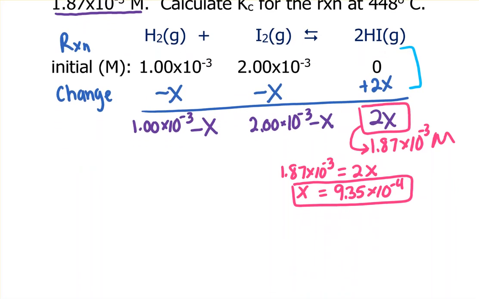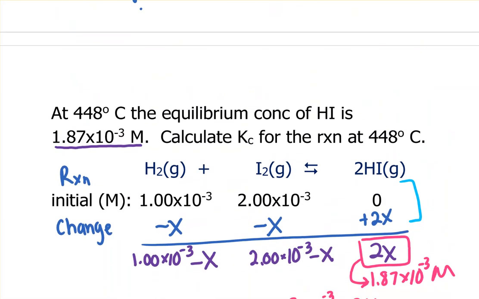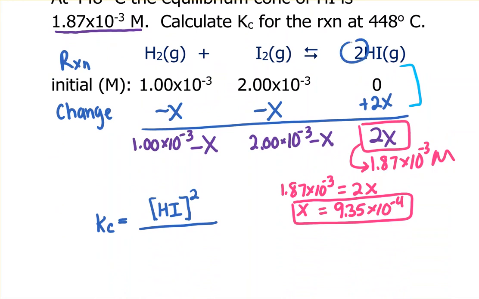So I'm going to not plug those in right away. Let's see what else we might want to do. So our whole goal was to find Kc. And let's go ahead and write that expression. Product, hydroiodic acid. And I'm squaring that because, oh, there it is right there, because of the coefficient.